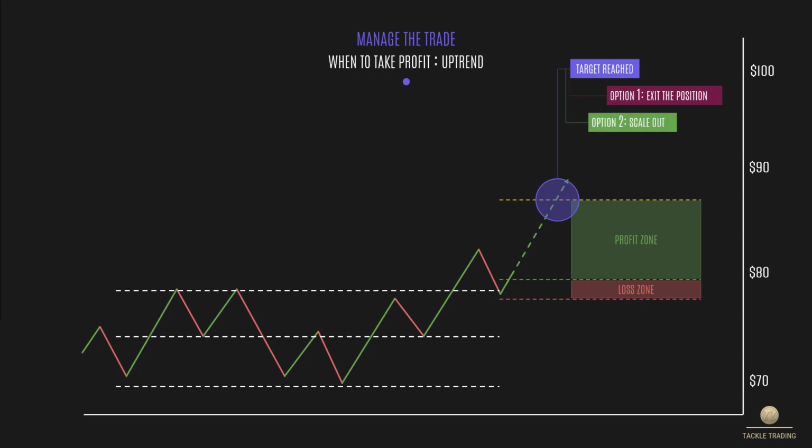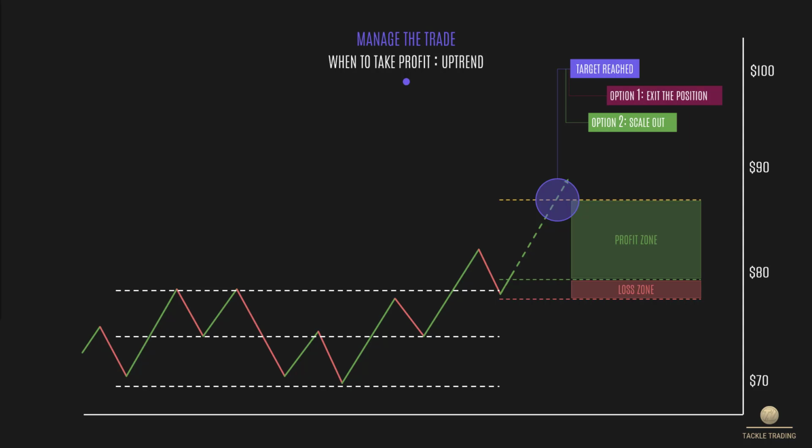Option number 2 is what is known as scaling out of the position. What scaling out means is you're going to lock in a portion of the trade and trail up the stop loss on the remaining portion. So for example, if I have 200 shares in a trade, or 300 or 400, it doesn't matter what the shares are. It could be 2 shares in the trade.